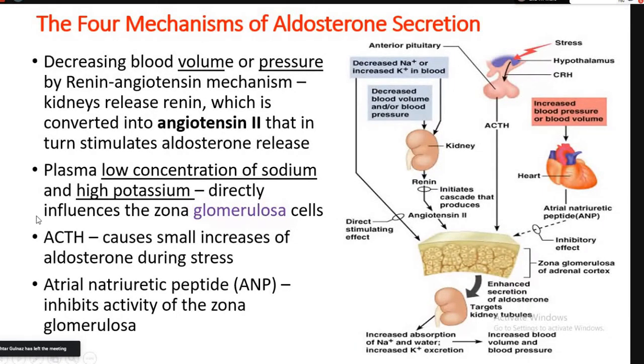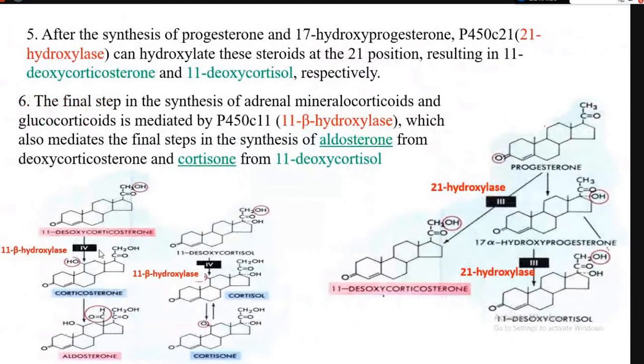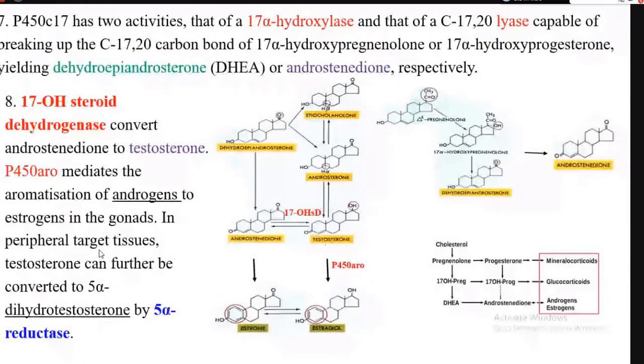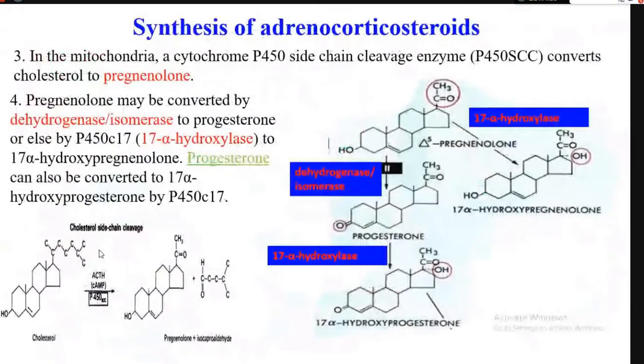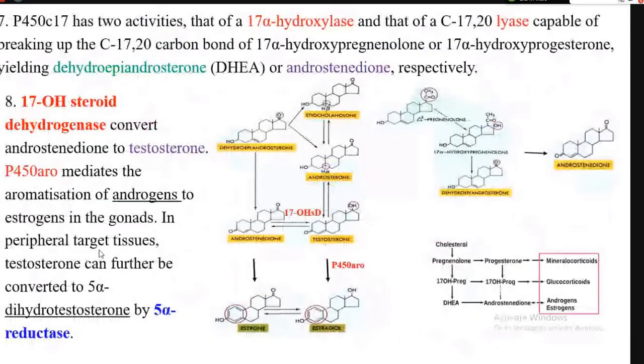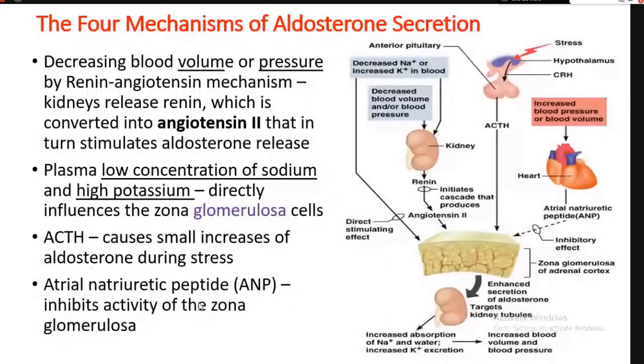ACTH, from pituitary tumors that secrete ACTH, causes a small increase of aldosterone during exercise. Then atrial natriuretic peptide inhibits activity of the zona glomerulosa.